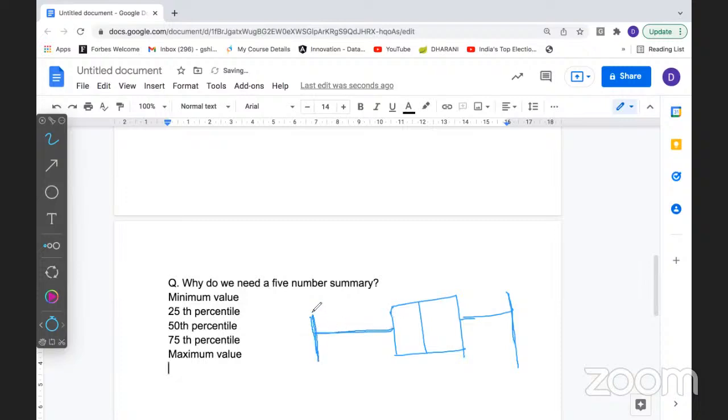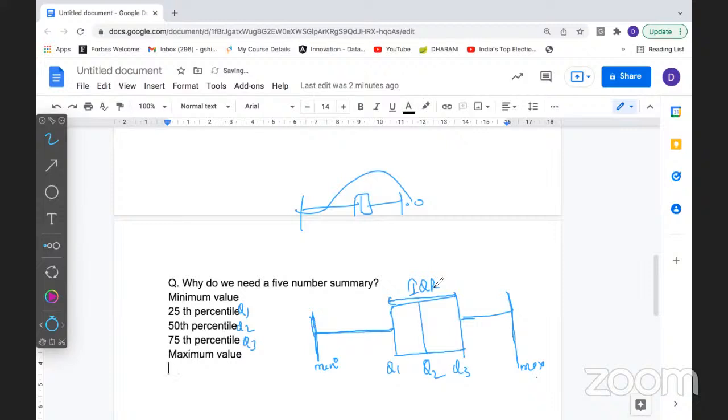It also gives you a 5-number summary with a minimum value, Q1, Q2, Q3, and this is your maximum value. An outlier is something which is existing beyond this, and this region is called the IQR, which is the interquartile range.